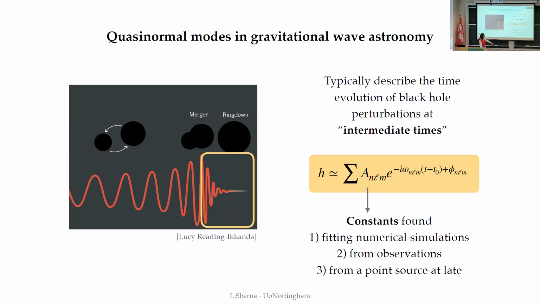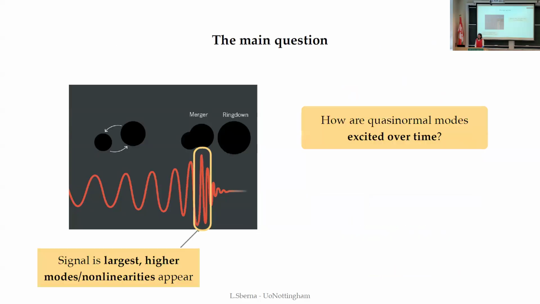And these quasi-normal modes need to be excited at some time to turn on in some way. So again, in current waveform models, there are some ad hoc turn-on functions, activation functions, to be able to connect these stages. But of course, we would like to do better.